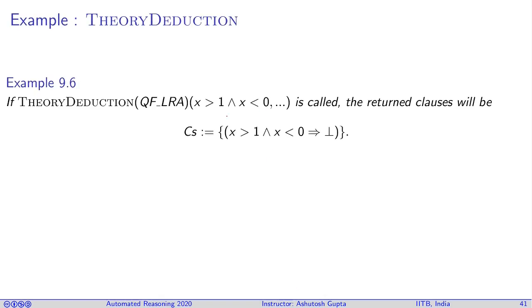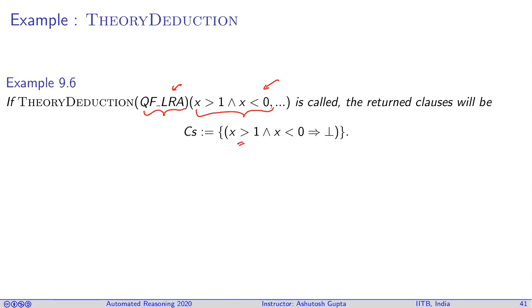For example, you have a theory deduction call with the following parameters where you have two atoms, and you can easily see these atoms are mutually contradictory. If you are using a theory deduction for quantifier-free linear rational arithmetic, then it will respond by returning this clause.